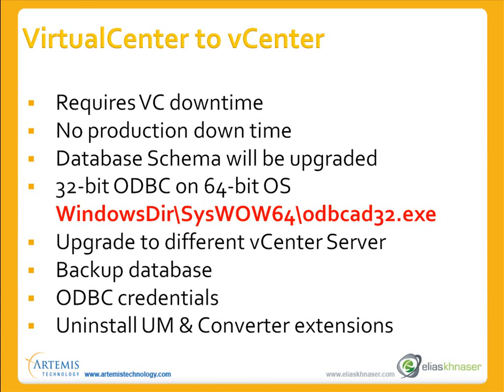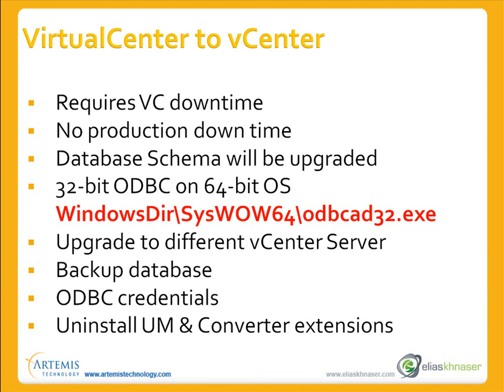Keep in mind also when you're uninstalling these that you might have 2 or 3 of them in the list, and the reason for that is every time you went from like ESX 3.5 to ESX 3.5 update 1, update 2, 3, 4, 5, every one of those updates will now have an entry in Add Remove Programs. So the client extensions will all need to be removed before you can go ahead and install the Update Manager or upgrade the Update Manager Converter. Guided Consolidation does not have an extension, so you don't have to worry about that.